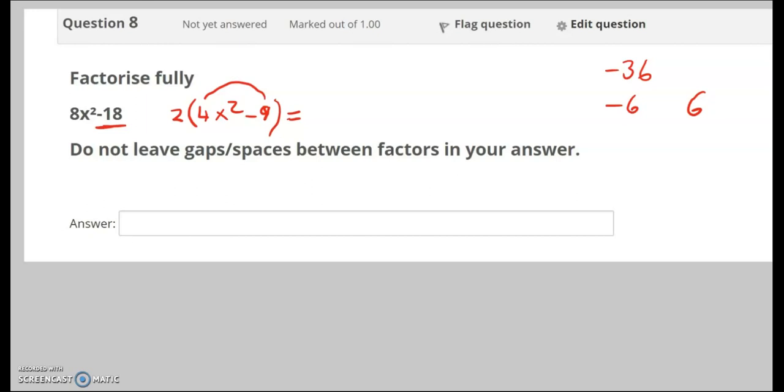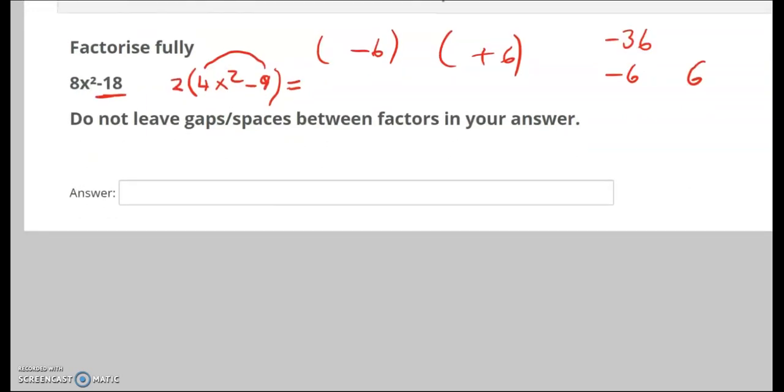So I'm going to open up the 2 sets of brackets, and I'll put minus 6 and plus 6. We'll put 4x in both of the brackets, and we'll factorize again. So dividing by 2, this would become 2x minus 3, and we'd have 2x plus 3 on the other one.